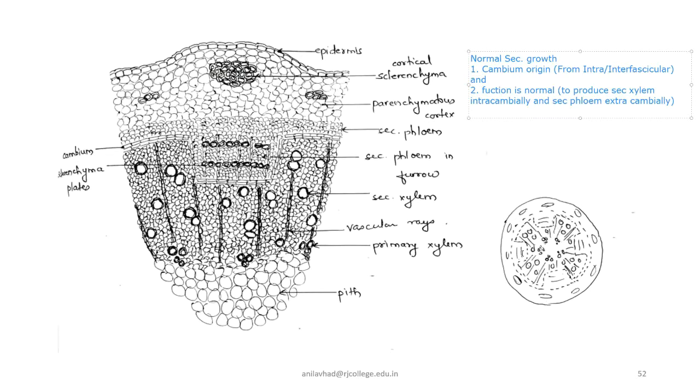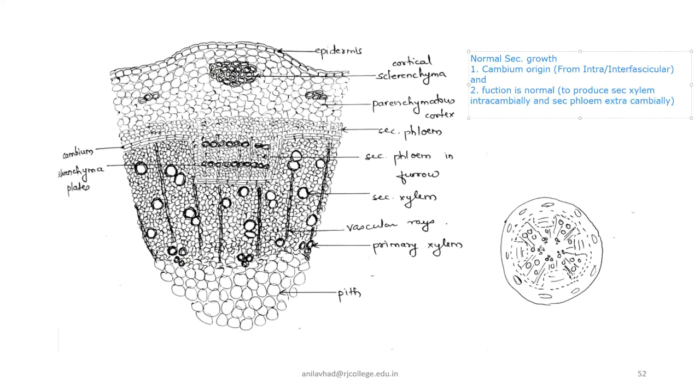The secondary xylem consists of secondary tracheids, fibers, parenchyma, and vessels. In the old stem, the pith may become lignified or may simply get crushed, depending upon how long the secondary growth takes place. The cortex is differentiated into outer collenchyma and inner parenchyma with patches of sclerenchyma.